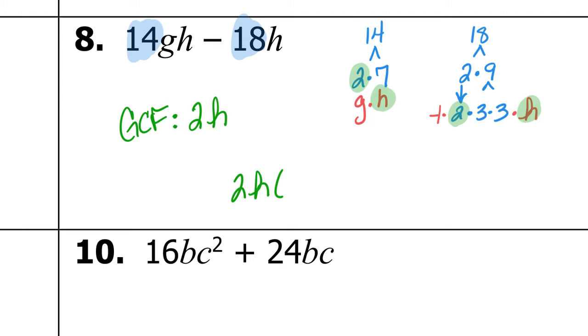So if I have 2H as my GCF, then I'm left with a 7 and a G for my first term. So I could just write it down, 7G. And in my second term, I'm left with a -1, a 3, and a 3. If I multiply all those together, I end up with a -9. And that is factored form for 14GH minus 18H.